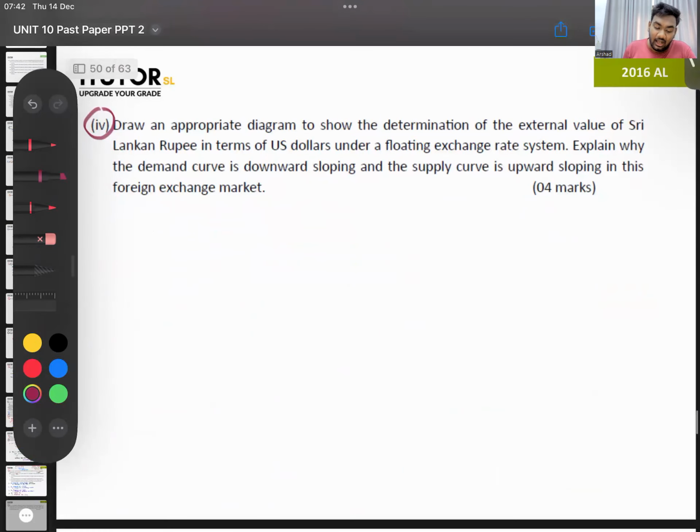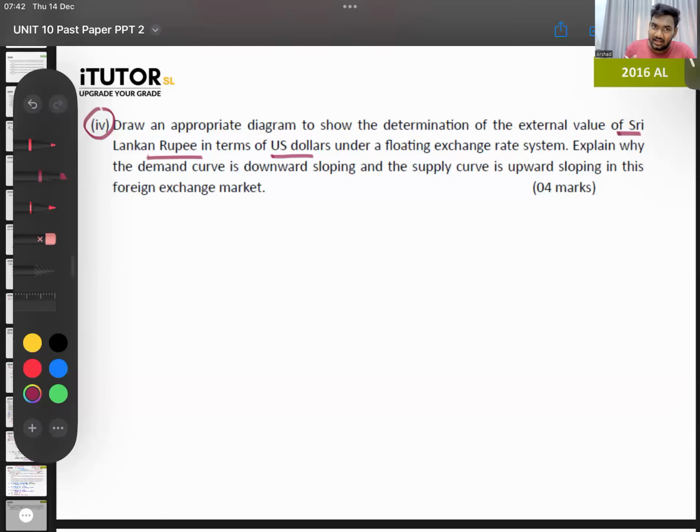Draw an appropriate diagram to show the determination of the external value of the Sri Lankan rupee in terms of US dollars. Now, read this carefully and tell me, are they asking for a direct quotation or an indirect quotation? The domestic currency in terms of a foreign currency.